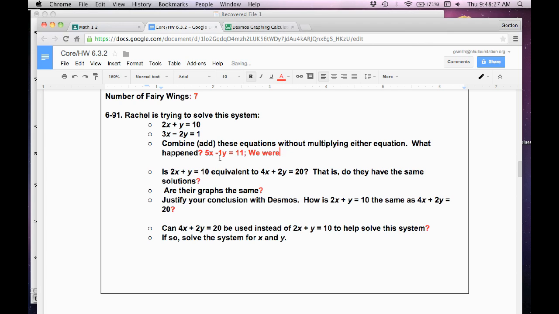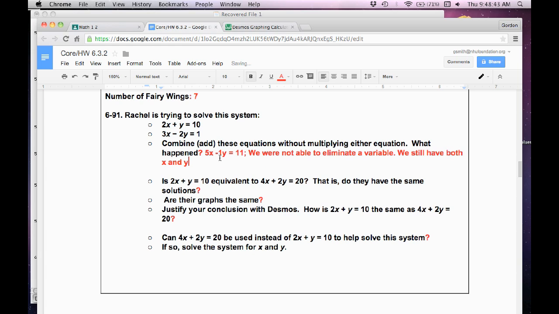We still have both x and y, and that's a problem because this is called the elimination method, and it doesn't always work by just adding the two equations together.